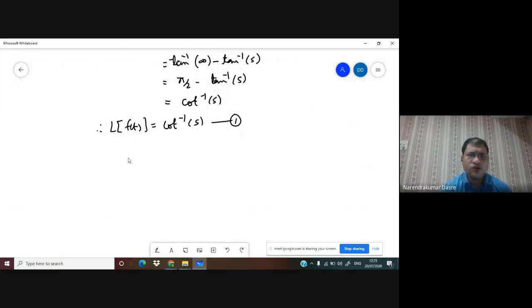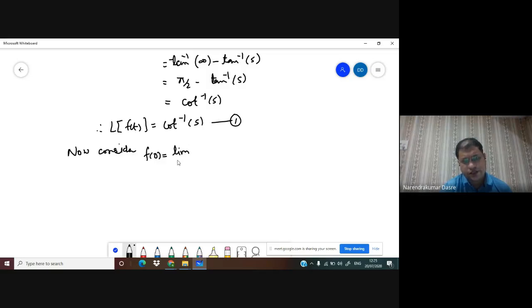Now I want to find the Laplace transform of the derivative, but I don't have f of 0. So we'll find f of 0. Now consider f at 0 is equal to the limit.